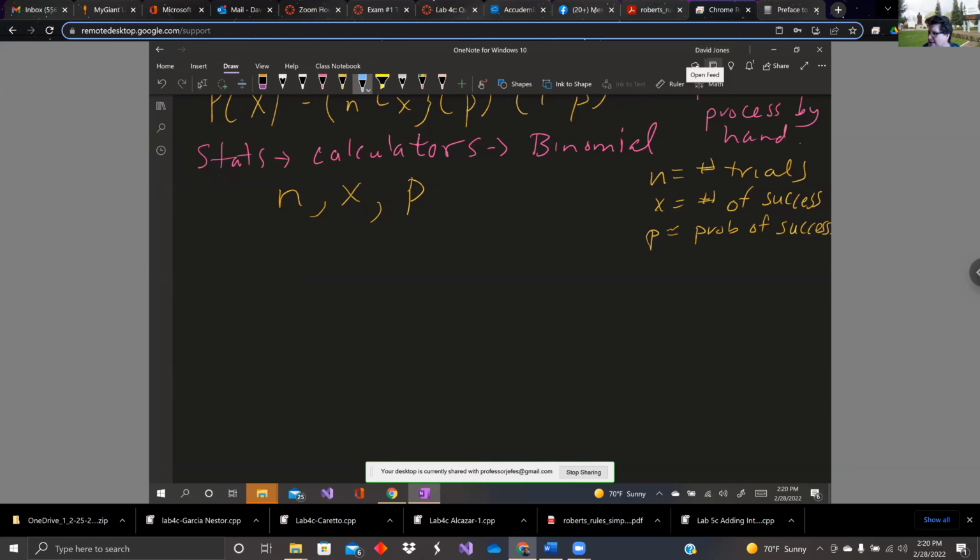So when we see the less than symbol, you'll see words that say less than, they'll show up in the sentence. You might see fewer than, at most, or no more than.